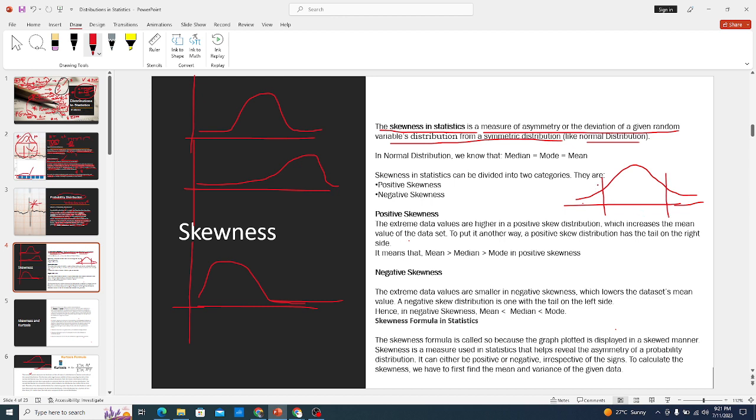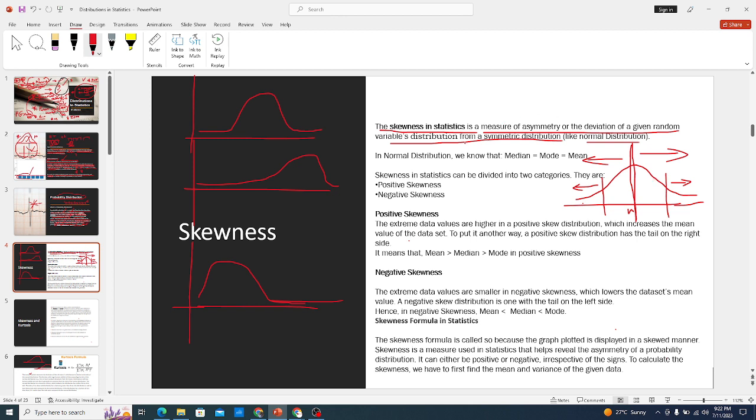The values on this side and the values on this side are almost equal, and we have a line here which is the mean. This line separates the curve into two equal parts, so this side is equal to this side. That's a perfect normal distribution.